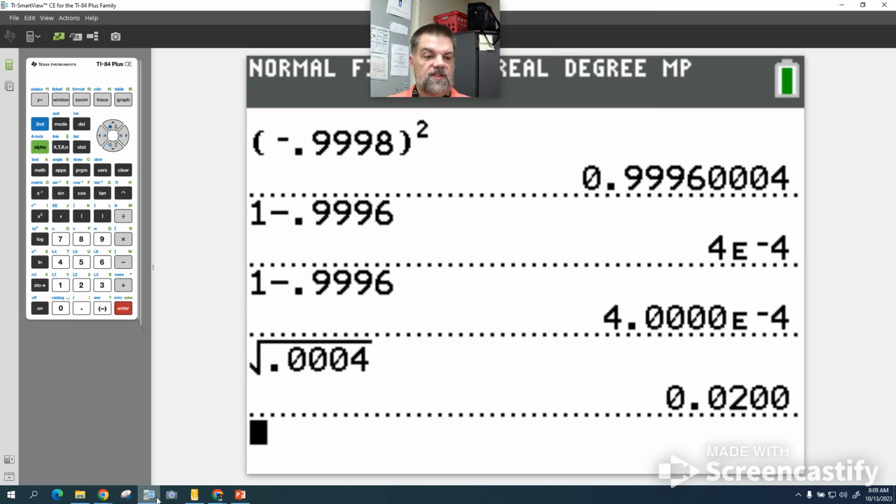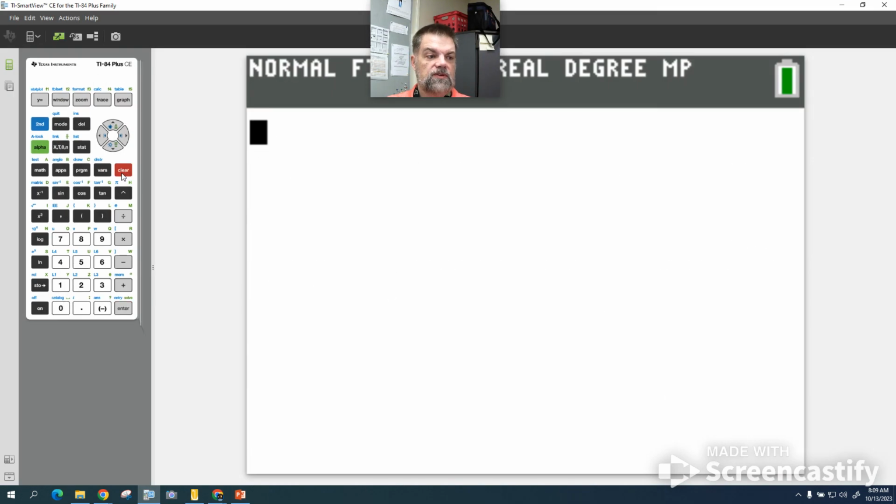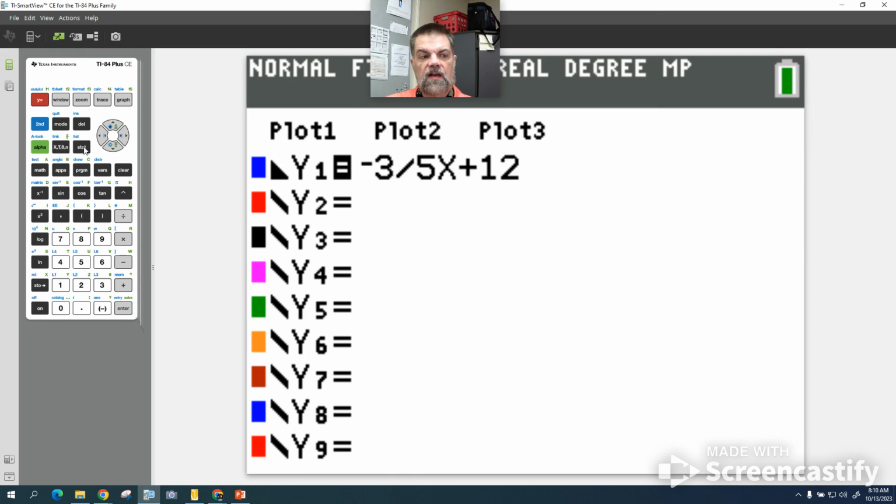So what I want you to do is I want you to grab those fancy calculators that I gave you guys. And I want you to hit this y equals button. And then you got to clear this out. Some of you guys will probably have some stuff left over from my other classes. So when you hit y equals, make sure that all this stuff is cleared out. Just hit the clear button. Okay.